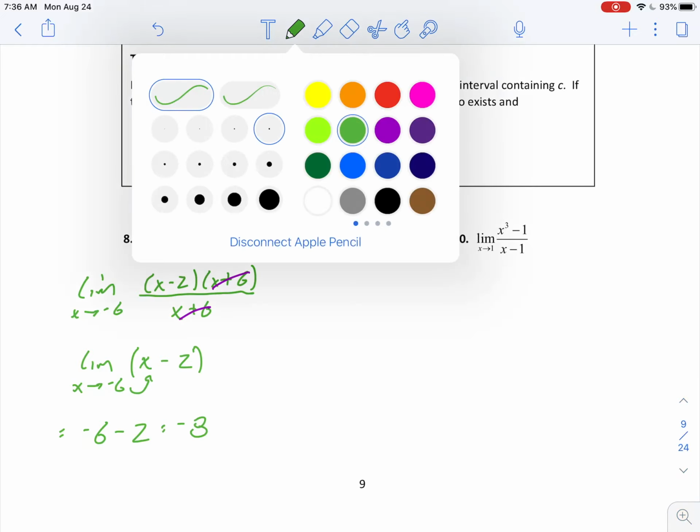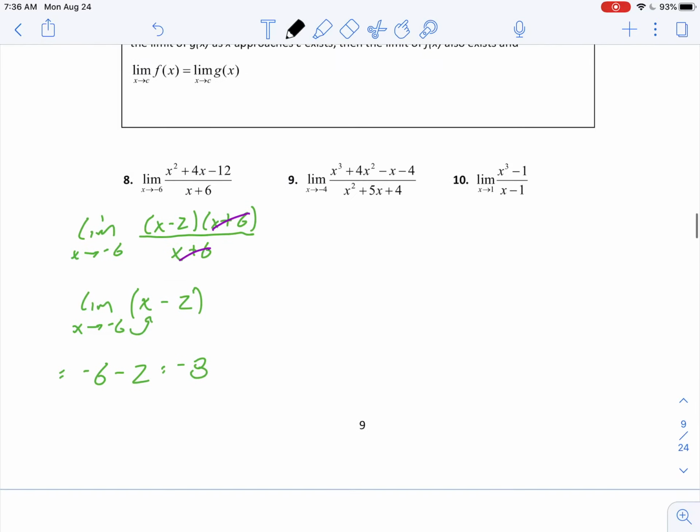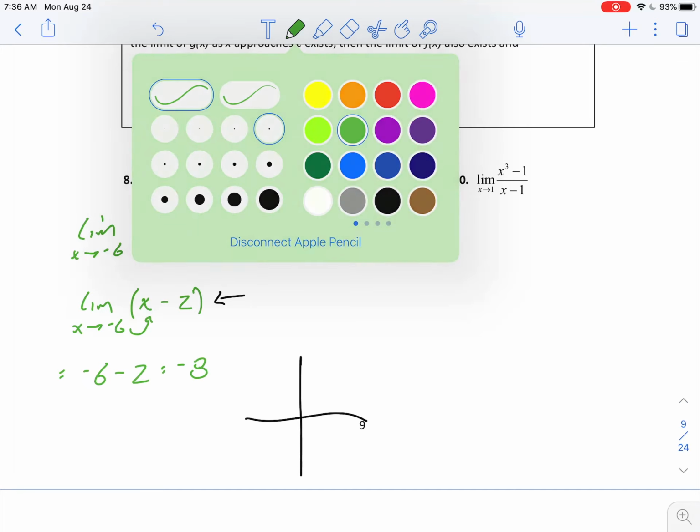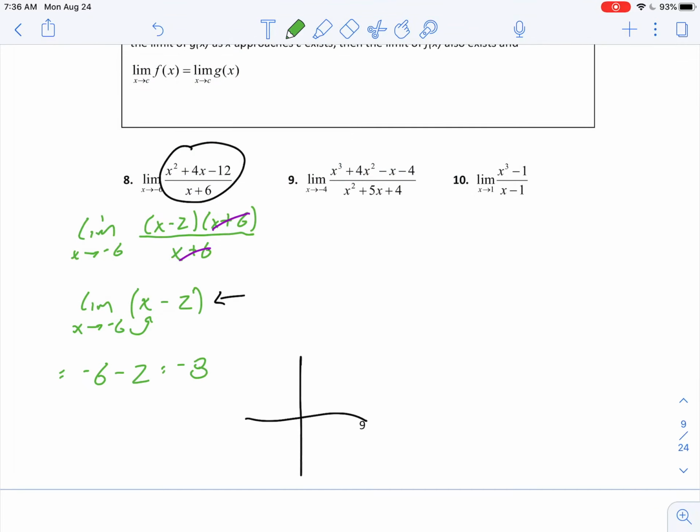So just what's going on here basically is the graph of x squared plus 4x minus 12 over x plus 6 is the same as the graph of x minus 2, except it has a hole, if you recall, at x equals negative 6.